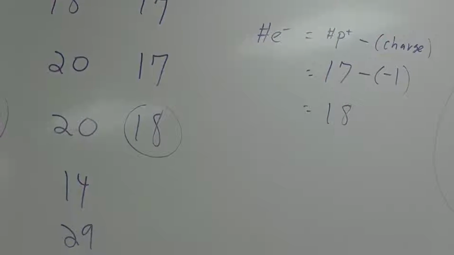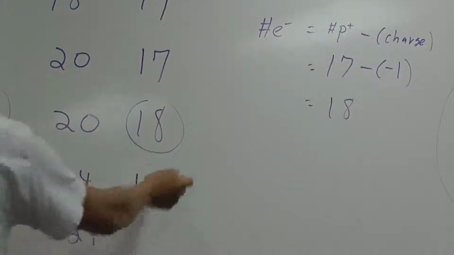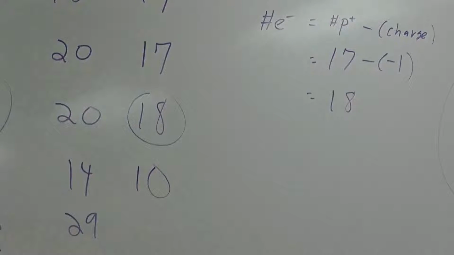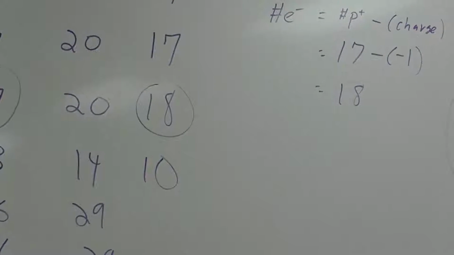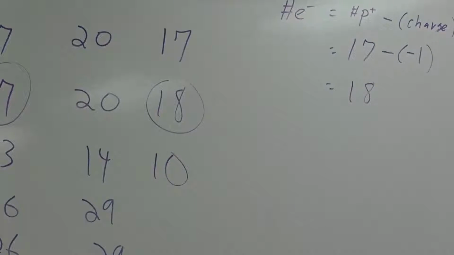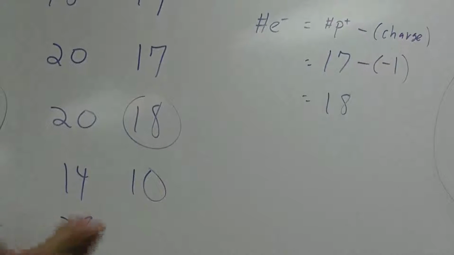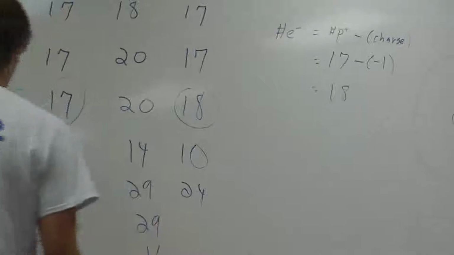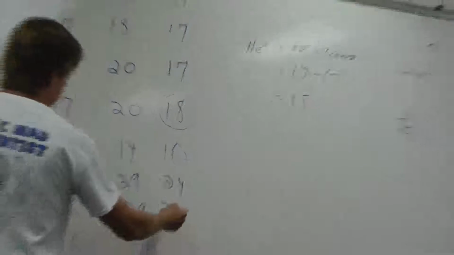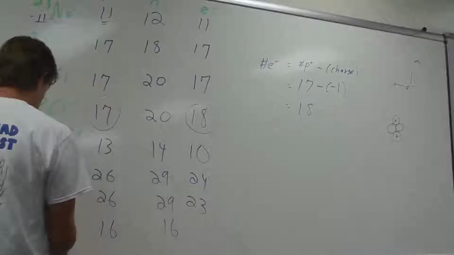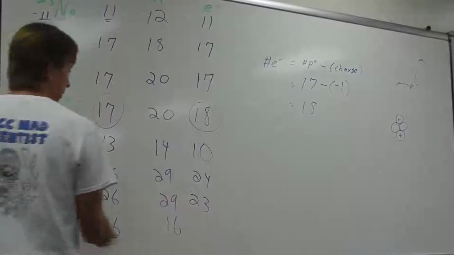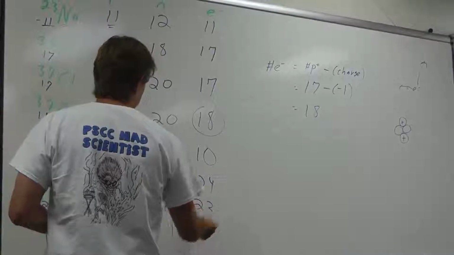So what's the negatives? 10. Iron 2 plus. 24. Iron 3 plus. 23. And then sulfur 2 minus. 18. 18. All right, good.